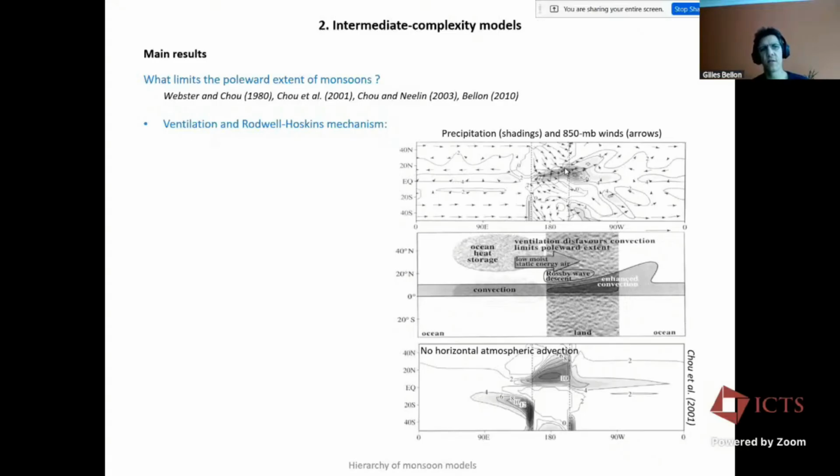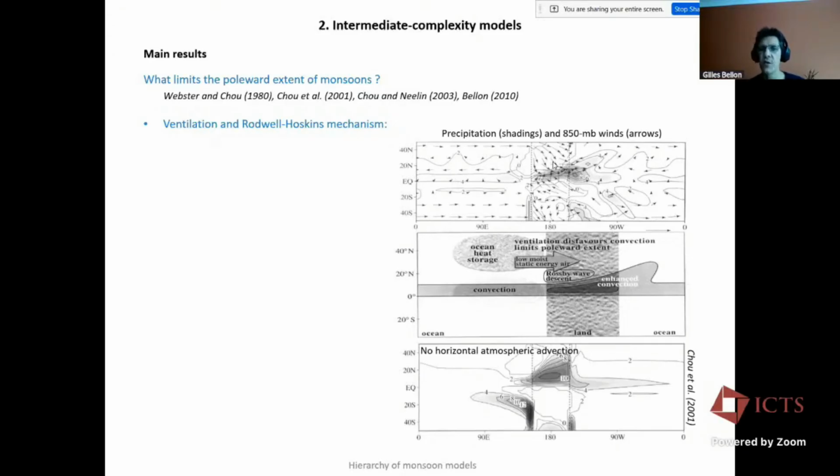So there are some elements of truth that have been found about this mechanism, but it's not completely verified, though we can see some elements of it on a much smaller scale, and that's something we can see here. When you look at the flow, you have a flow bringing cooler oceanic air from the northwest onto the continent, and that's what we call ventilation.